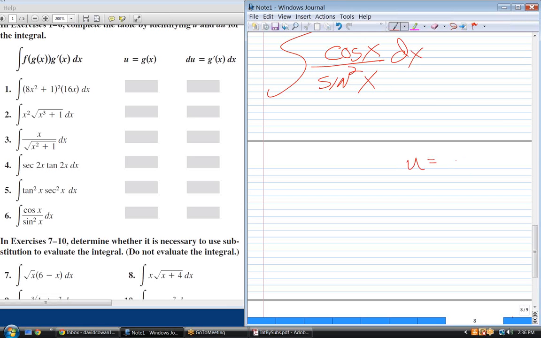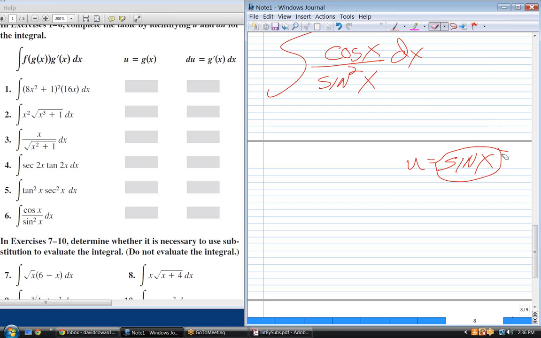So cosine x over sine x squared. Do you let it equal to... See, I was going to say just a single sine, just sine x. That's correct. Yeah, because the key is the derivative of that is cosine x, and that's what we need to get rid of. That's in the numerator.